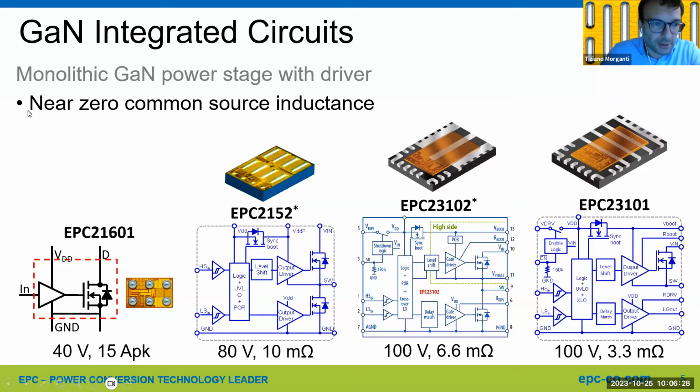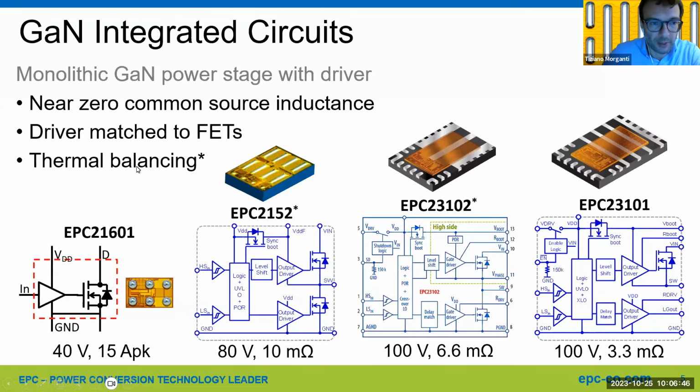What are the advantages? Basically, we have zero common source inductance, so the gate drive loop is fully decoupled from the power loop, being integrated into the device. The gate driver is matched to the power FET, and we have a form of thermal balancing for the half bridges.